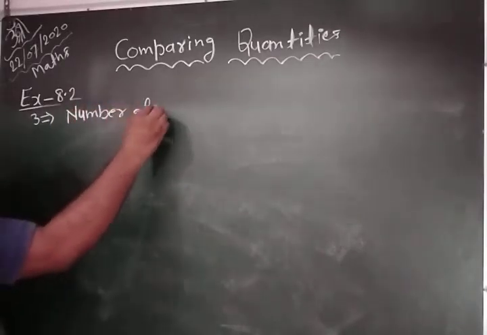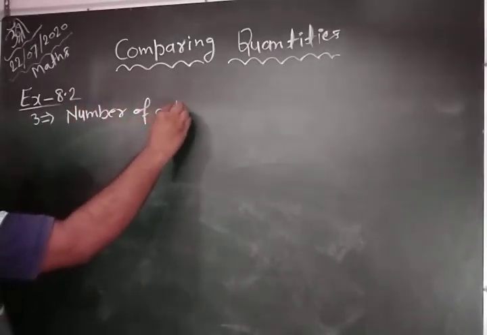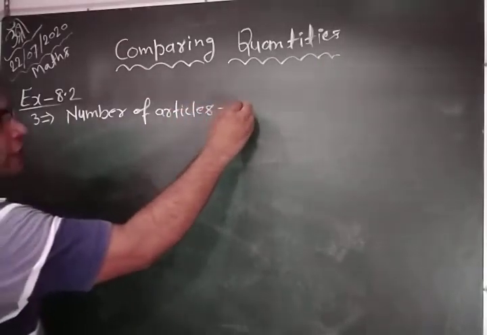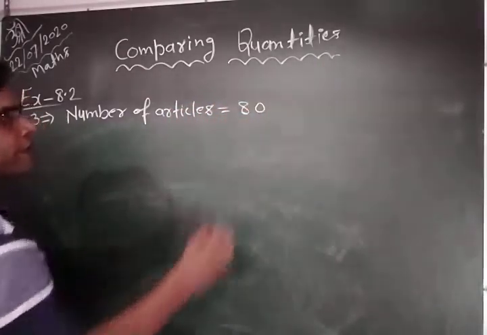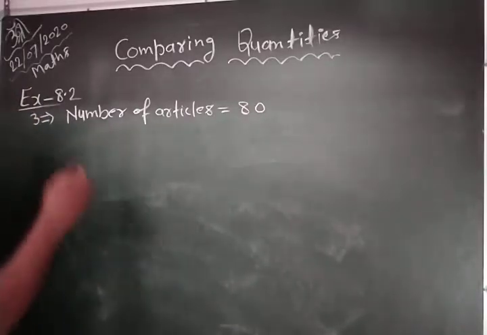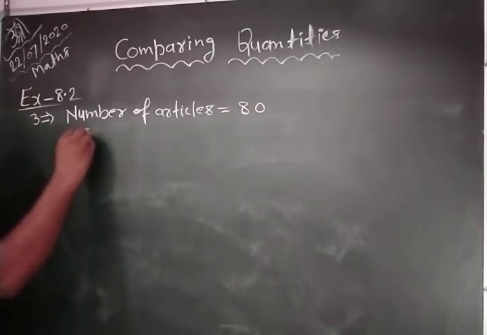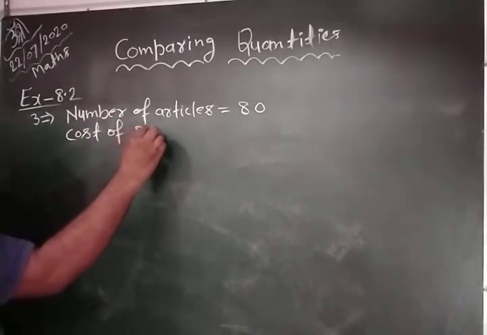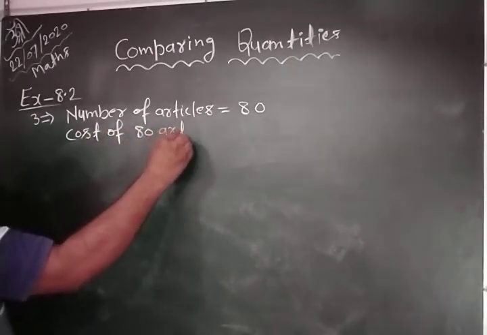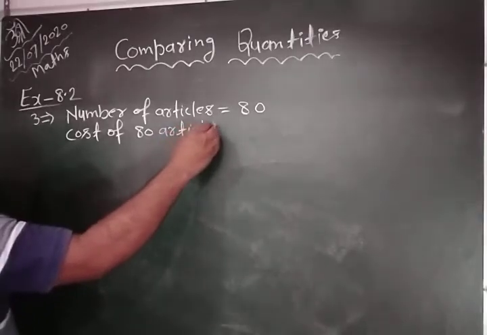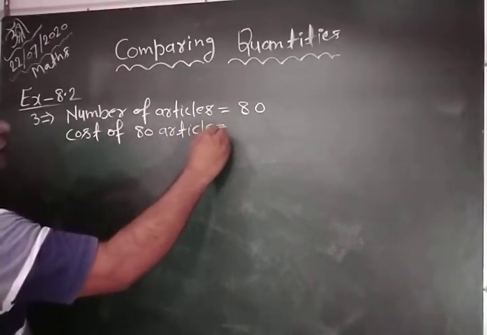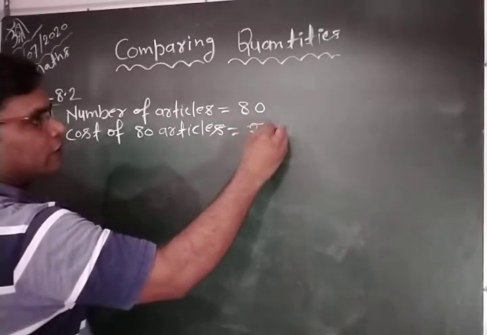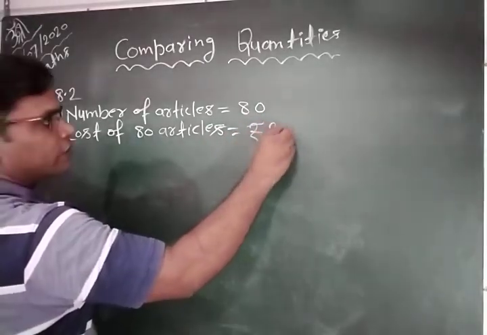Number of articles is equal to 80. Okay. So the cost of 80 articles is equal to the given rupees 2,400.